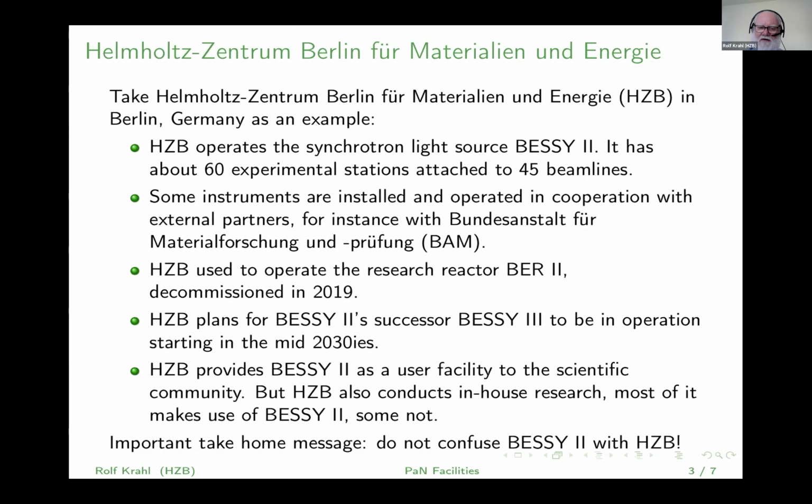What I wanted to explain with these statements is that you should not confuse the facility with the organization that operates it. BESSY II and HZB are different things, and you cannot take the one for the other. That is basically my message here.